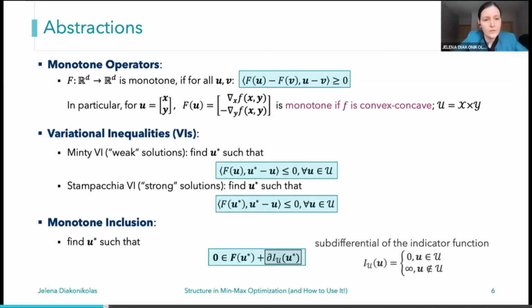Oh, good question. The reason is all of these solutions are actually equivalent in the convex-concave setup. This is just a kind of relaxation, and one of them implies the other just by monotonicity. But in the non-convex non-concave setup, let me see.